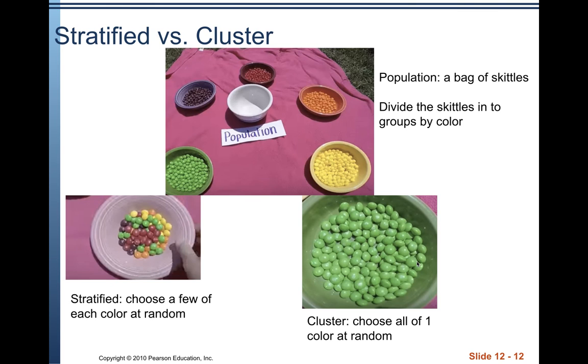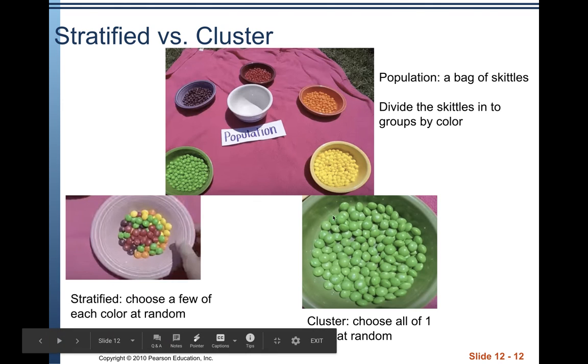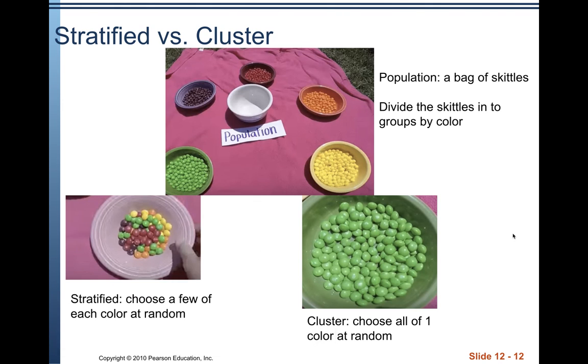In this particular example, they chose the entire bowl of green Skittles at random. So in a stratified sample, I chose a few of each color. In a cluster sample, I choose an entire color at random. That is the difference between a stratified and a cluster sample.